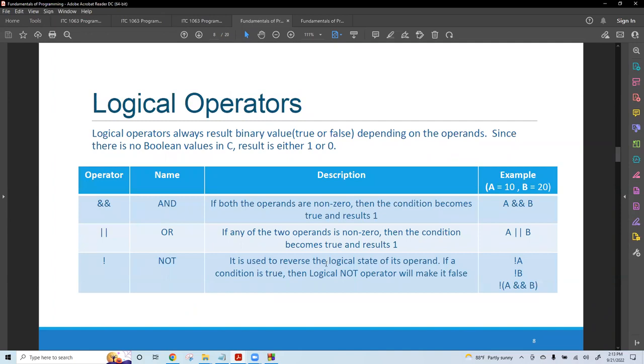The results are binary values, and these logical operators are binary operators. Two operands are necessary. Sorry, only for these two. Unary operators are also there.